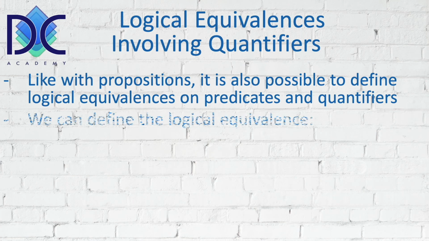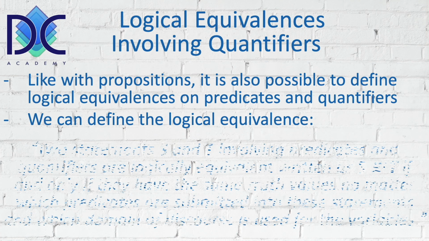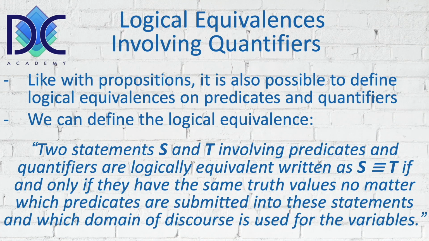Now we can do the same on predicates and quantifiers. We can define the logical equivalence of two statements, S and T, involving predicates and quantifiers, and it's written as S is equivalent to T, if and only if they have the same truth values, no matter which predicates are substituted into these statements and which domain of discourse is used for the variables.